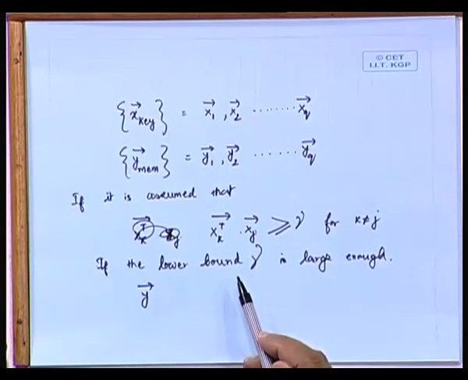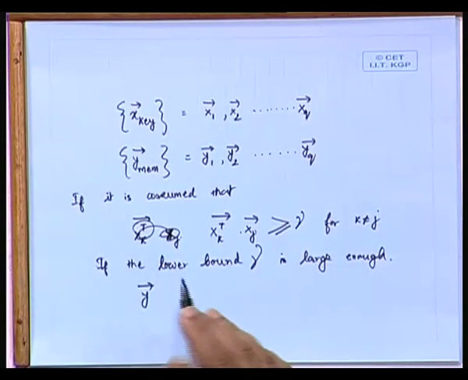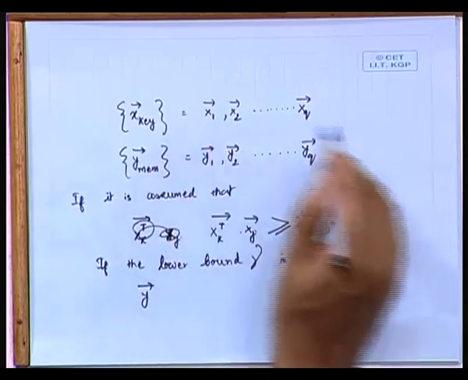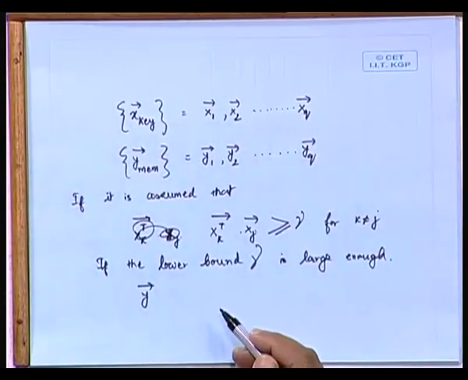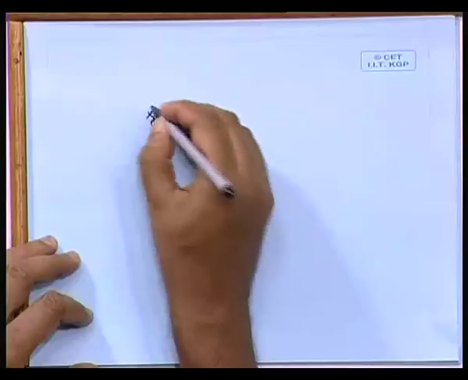Another thing to keep in mind is that during testing we are picking up the x vector from this key vector set. Let us say that we happen to pick up the xj vector.